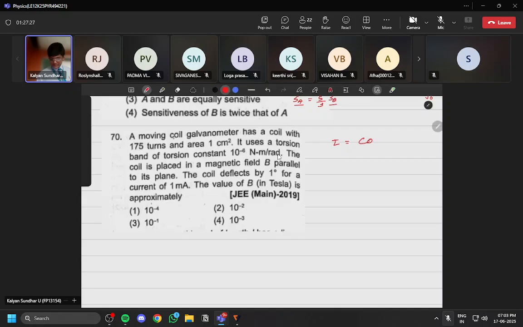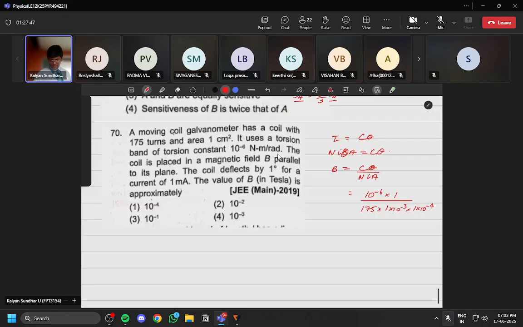C is 10 to the power minus 6, into theta, which is 1 degree, divided by N, which is 175, into I, the current, which is 1 milliampere, and the area is 10 to the power minus 4 meter square. They have been asking about the approximate value in terms of the significant digit. So you will be getting approximately 0.9 into 10 to the power minus 3.